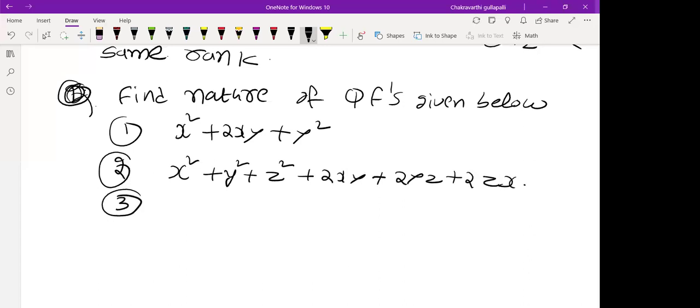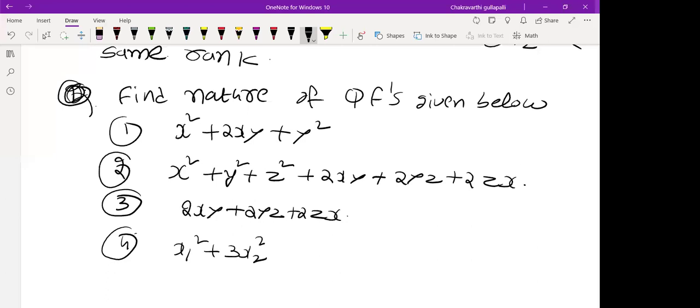Third, x1 square plus 3x2 square plus 3x3 square minus 2x2x3.